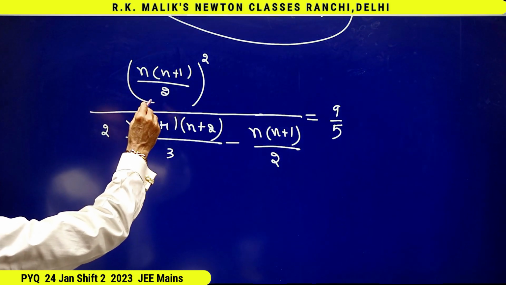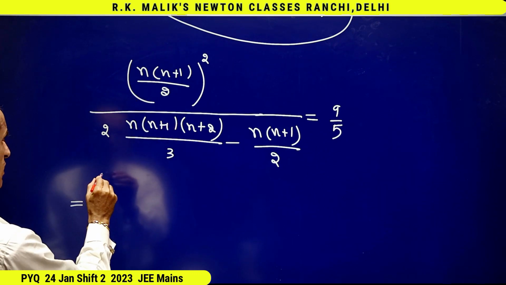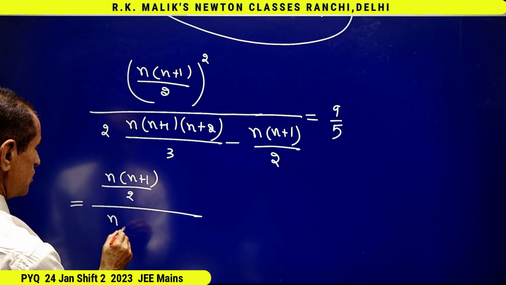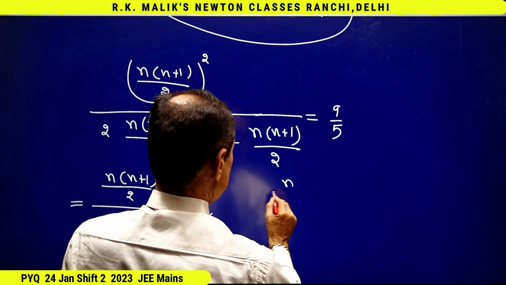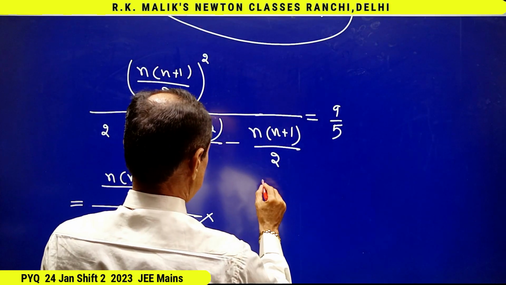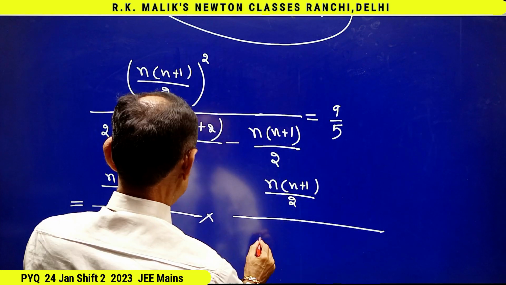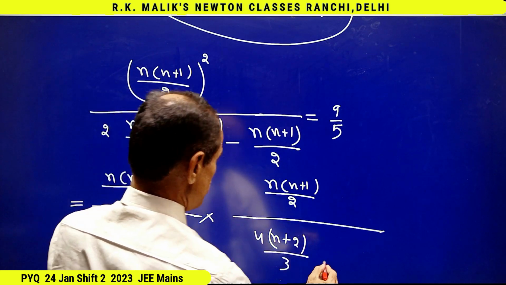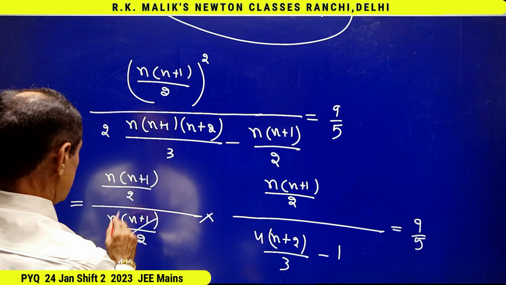Further, I am going to take n into (n plus 1) by 2 common from denominator and numerator, and that will get cancelled.